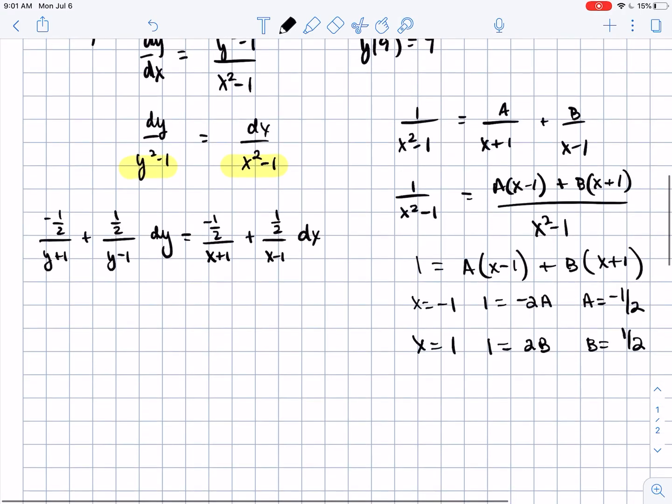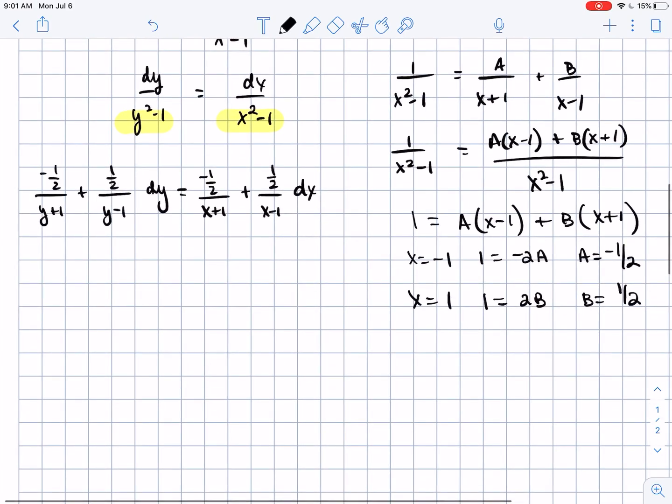So you can see that things are done pretty closely to the same. Now, if everything's to the negative half, I could get rid of that, just divide that out. So we'll just have this.